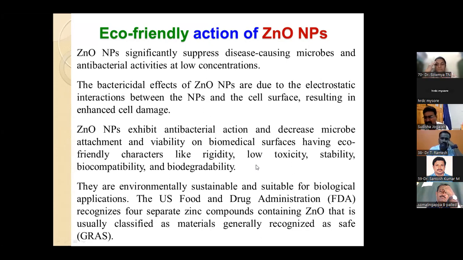And in this way, zinc oxide nanoparticles, I'm talking about at very low concentration, are naturally biodegradable, which can replace the natural fertilizers and can be used for enhancing soil health.